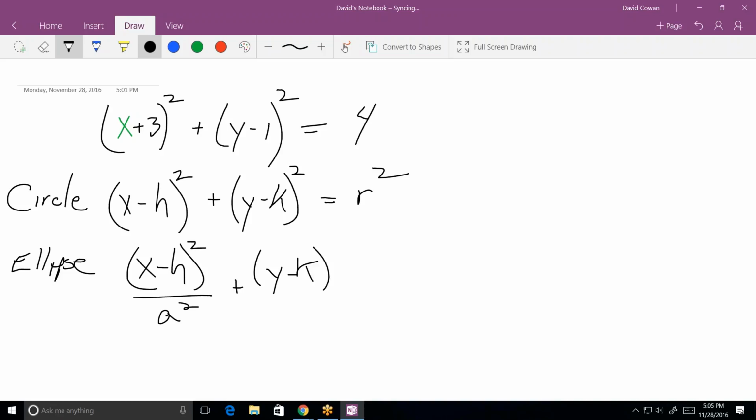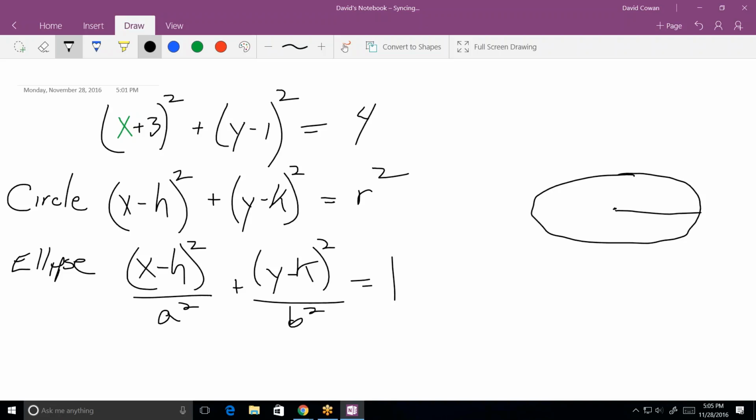Notice that a circle is very similar to an ellipse. Instead of one radius, it has 2. You can think of it as 2 radiuses. There's the long side, which is a, and there's the short one, which is b.